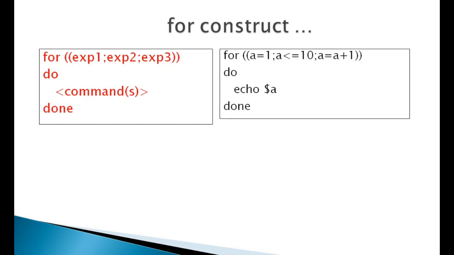the expression 2 is again verified, and the commands will be executed. So here you can see that for a is equal to 1, a is less than or equal to 10, a is equal to a plus 1, we are just printing the value of a. So a will take initially 1, the terminating condition will be checked, a is less than or equal to 10. So a will be printed and then a will be incremented and then the condition is again checked. If the condition is true, a will be printed.